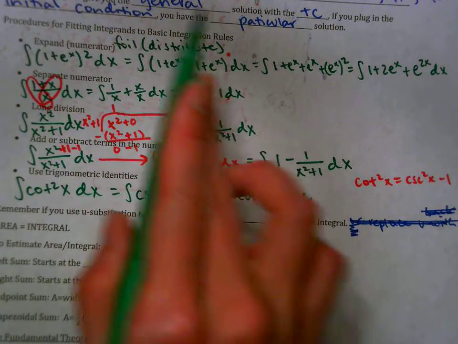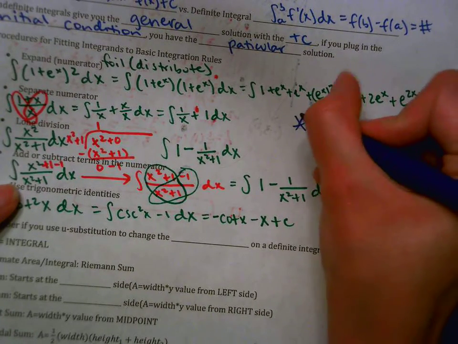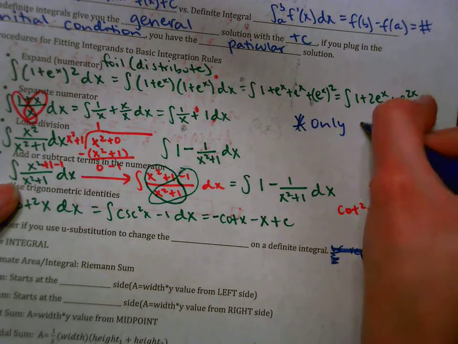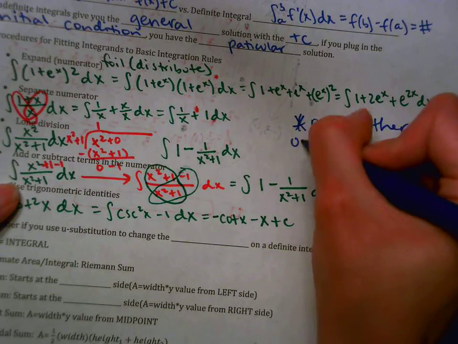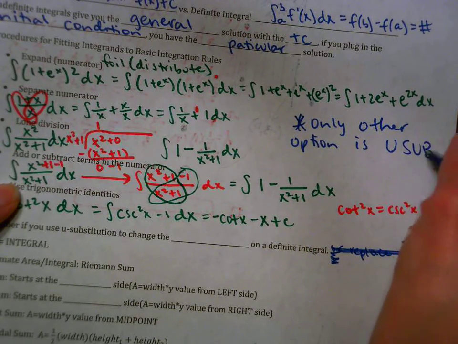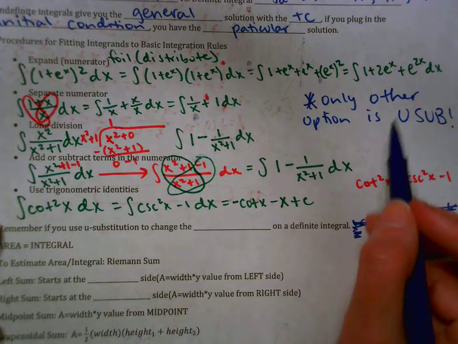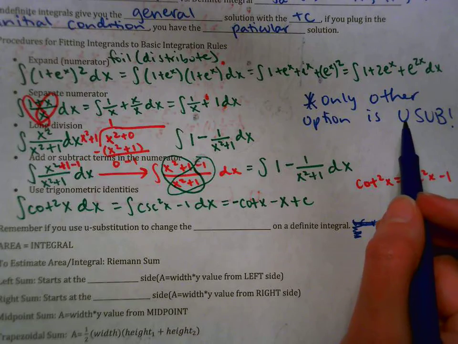So now if you can't do algebra, the only other option is u sub. Okay? So if you get stuck on an integral, you need to try u substitution, which you have notes over.